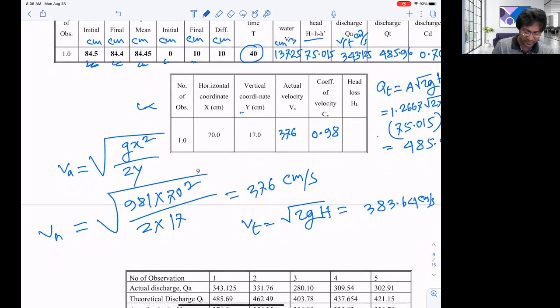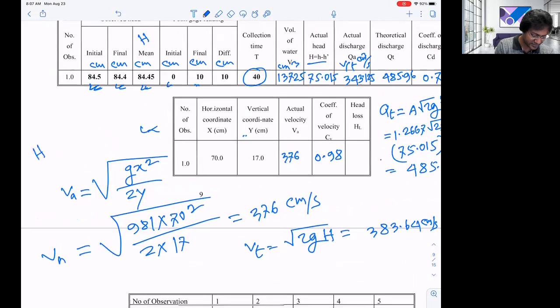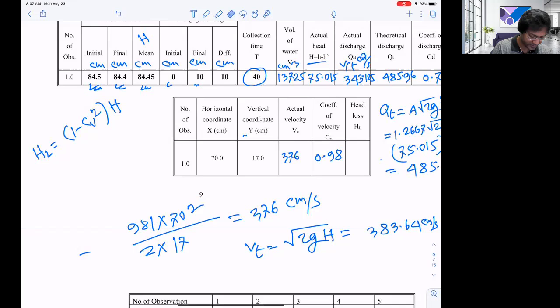So what will be the head loss? We have a specific equation for head loss. The head loss HL is given as 1 minus CV square, times H. It is given in the book, so we can directly use that formula.